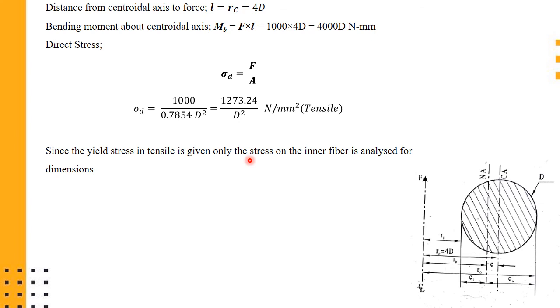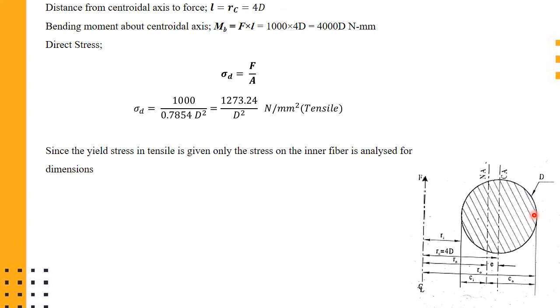You know that when loading happens in a curved beam or curved bar, the inner surface will be subjected to tensile forces, or elongated, and the outer surface will be subjected to compressive forces.